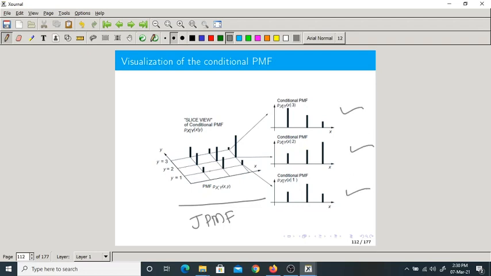Okay, what has happened here? We have x and y equal to 1, 2, 3. So what I am getting is Px given y of x by 3. X by 3 means y equal to 3. Generally conditional PMF we write as x given y of x given y. So here x by 3 means small y equal to 3. This line.